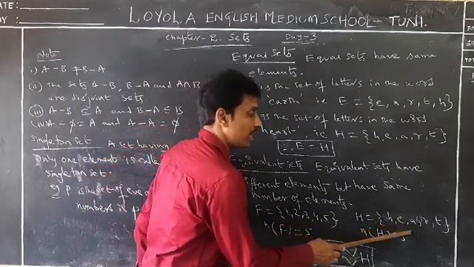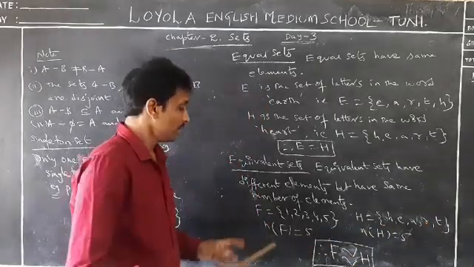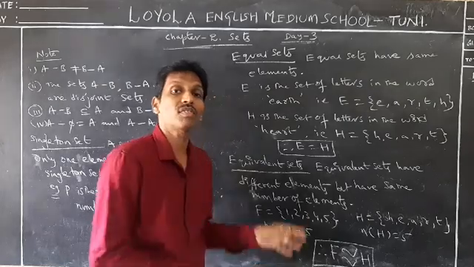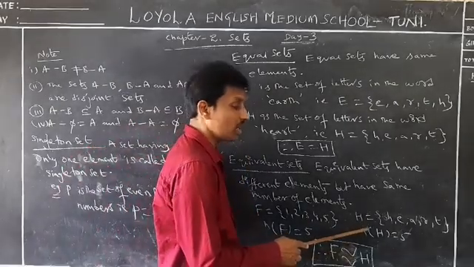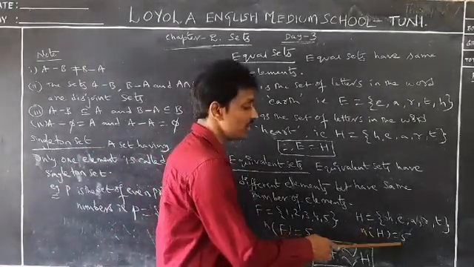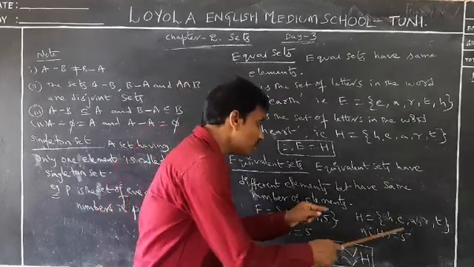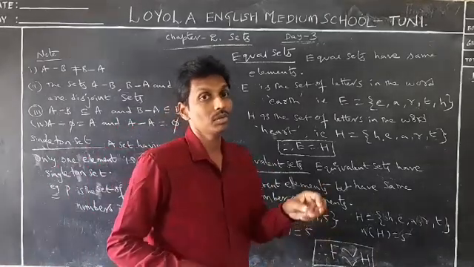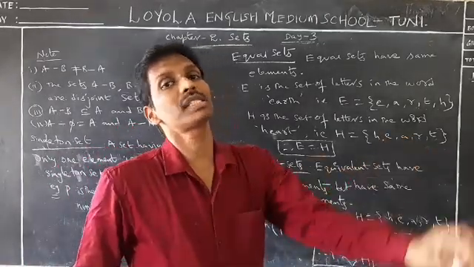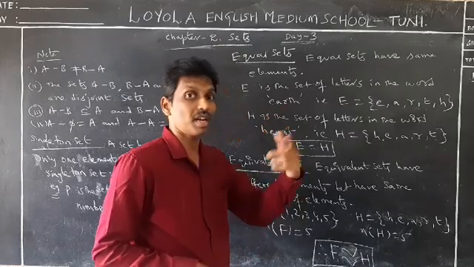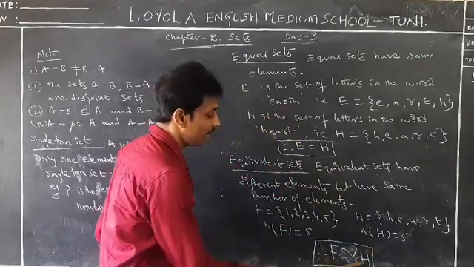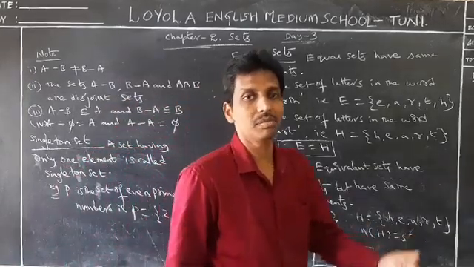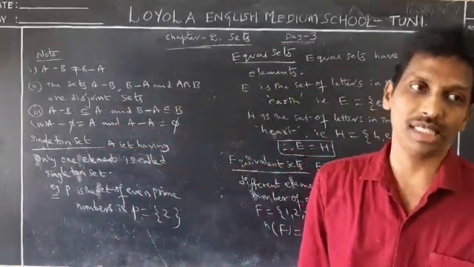H is equal to the set of all H, E, A, R, T. The cardinal number of F, n of F, is 5, and n of H is also 5. Even though these two sets don't have the same elements, they have the same number of elements. That's why F and H are said to be equivalent sets. So there is a variation between equal sets and equivalent sets.